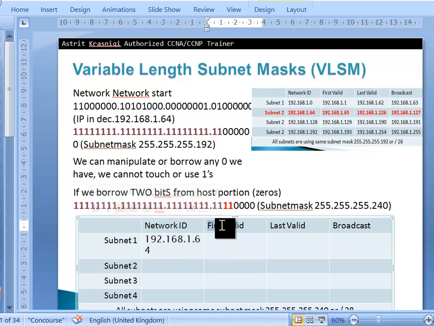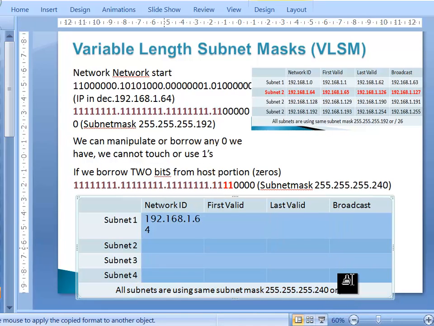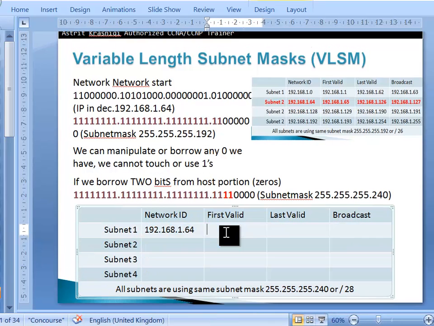We can't start with something else. We start with what we are given. So the first valid address is the subnet ID, the network address, plus 1, which is 192.168.1.65. The last valid address and the broadcast are easier.